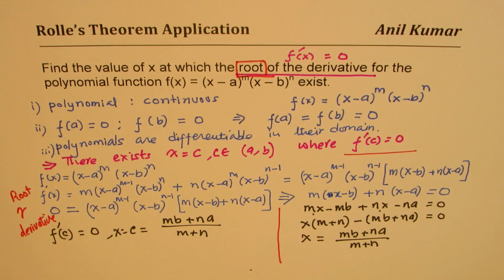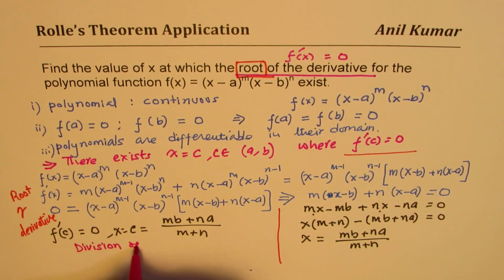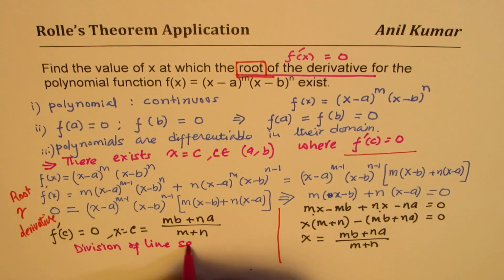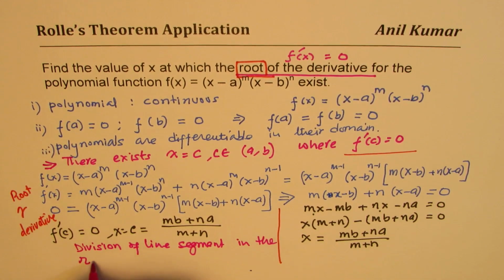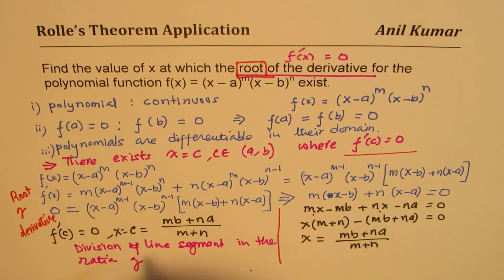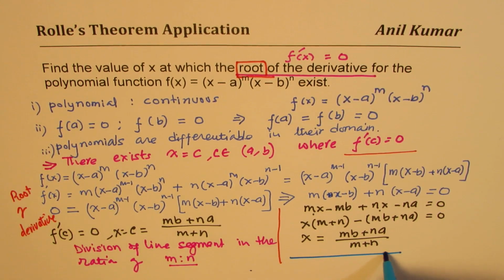Now this formula reminds you of the division of a line segment in the ratio of m is to n, correct? So that means this point is in the interval a to b, right? So that gives you the idea that these are the 2 points.